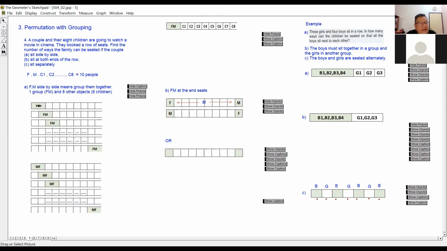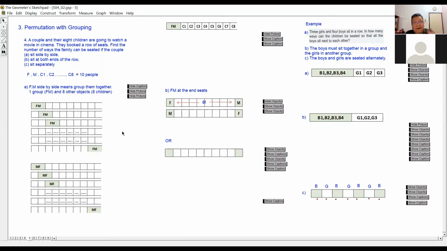It can be like this: father, mother, then all the children seated behind. Or one child in front, father, mother, then the 7 other children there. And here two children, father, mother, then here 6 other children. So they are grouped together.